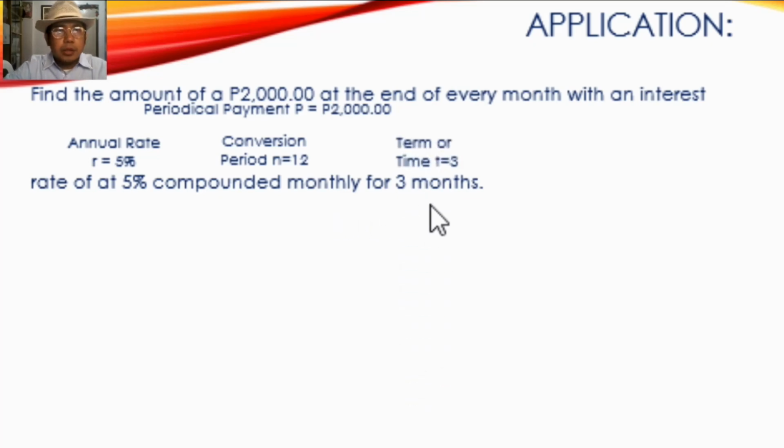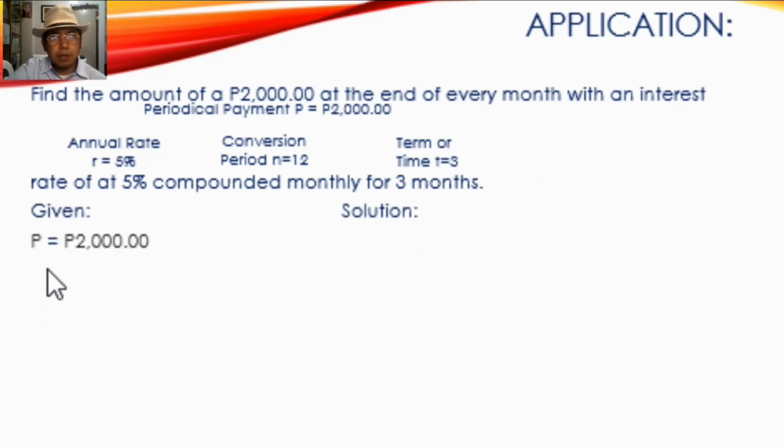And the term or period of the investment is 3 months. Now let's continue solving the problem.